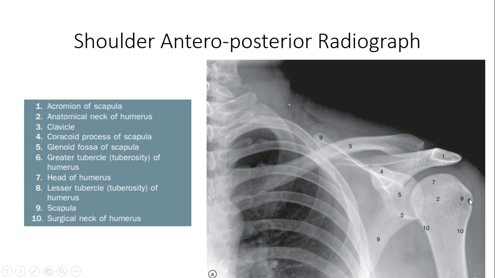On the lateral aspect, this one is the greater tuberosity and this is the lesser tuberosity. And this portion of the humerus is called the surgical neck of the humerus. It is called surgical neck because most of the time the fractures are seen at this part.